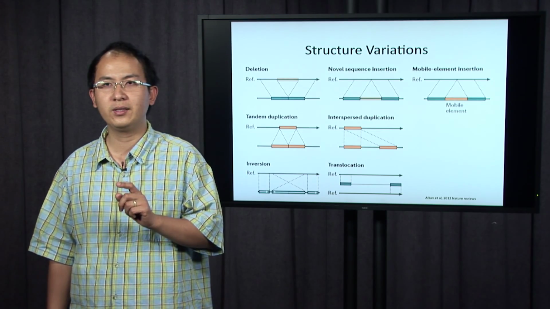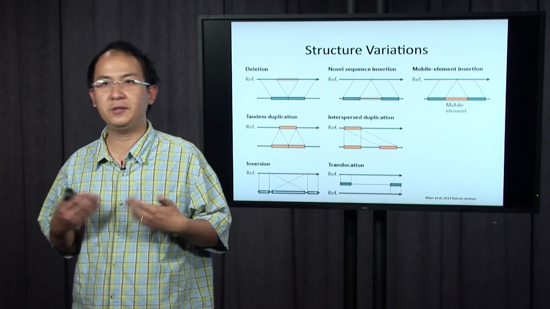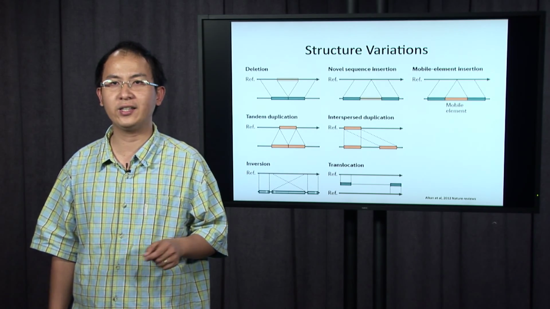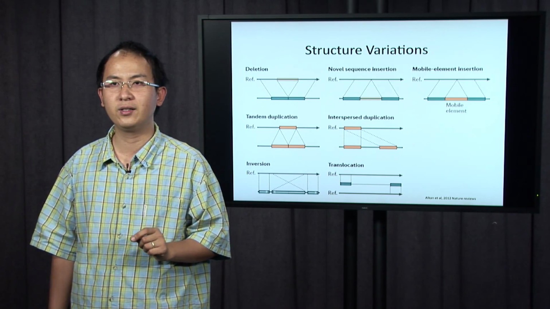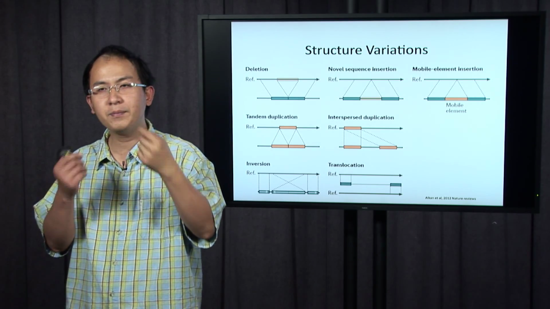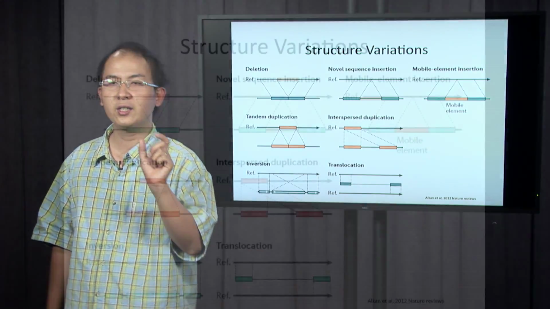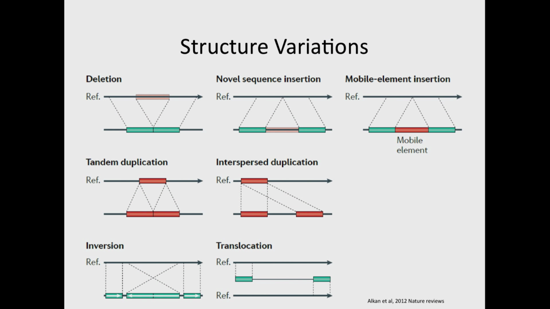In the genome, there can be multiple complicated structural variations, like deletions, which is deletion of a segment in the genome, or insertions, where at some particular position a new sequence gets inserted, or mobile sequence insertions like retrotransposon, ALU, and tandem duplications or interspersed duplication, inversions, which is the inverse of a fragment in the genome, or translocation, which moves one fragment from one place to another place.